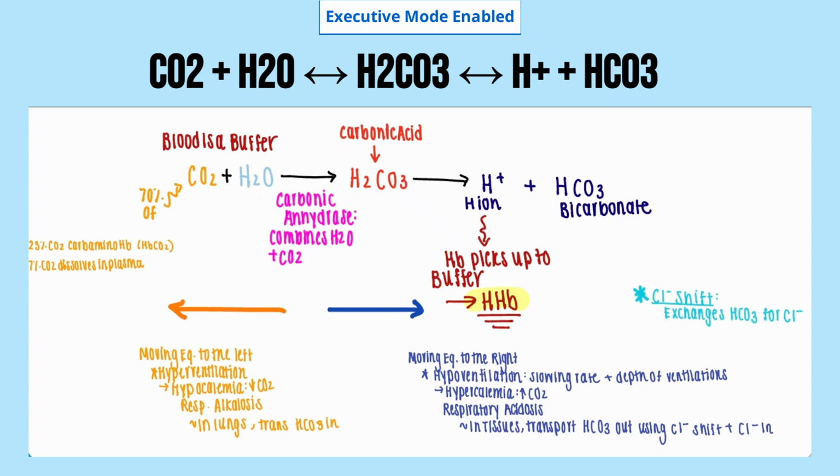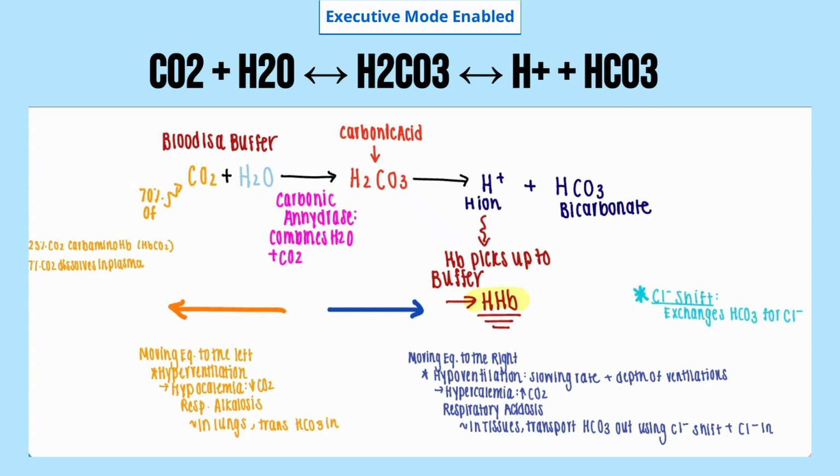Okay, so I kind of want to go to this slide because this helps me visualize it better. So you can see in the pink, carbonic anhydrase is that enzyme that combines carbon dioxide and water into carbonic acid. And then carbonic acid, once it's formed, readily dissociates into the hydrogen ion and bicarbonate.